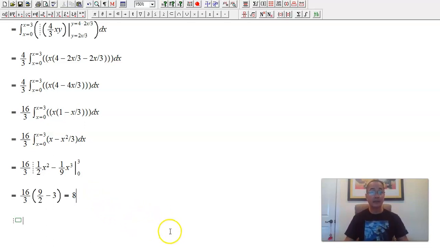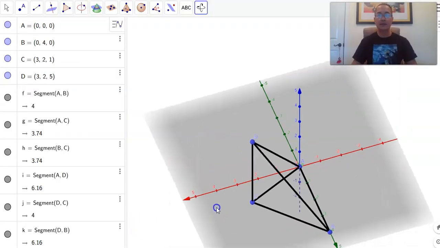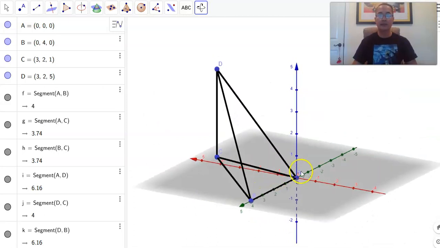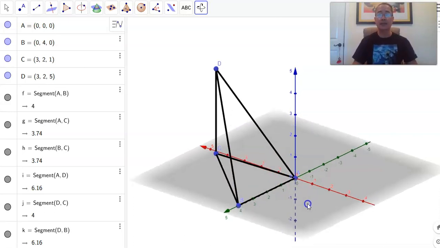And let me show you what I meant about the y-axis. Here is our beautiful tetrahedron. See how both of these are passing through the y-axis. Green is our y-axis. So that means that any value for y will satisfy our equation, as long as the x and the z satisfy that equation.